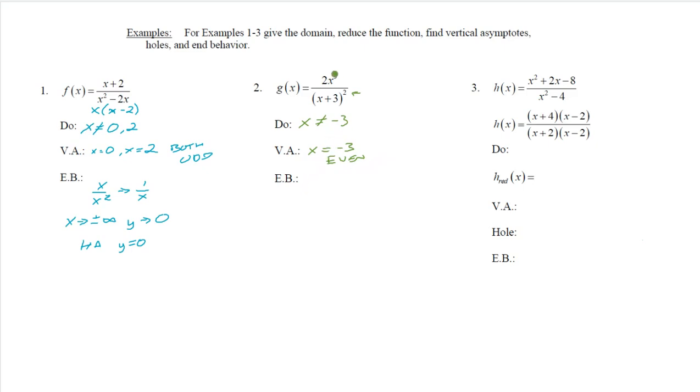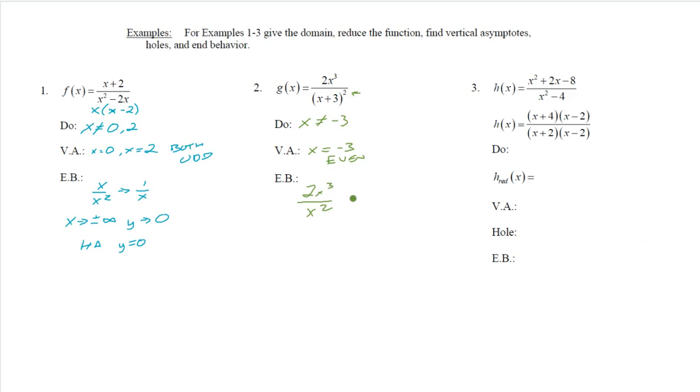Okay, the next thing is to identify our end behavior. This is going to be done by taking the first term in both the numerator and denominator. Numerator is easy. This is going to be 2x cubed. It gives it to us. The denominator, we need to make sure that we take that first term and we square it. So this would be x squared, because that whole factor is squared.